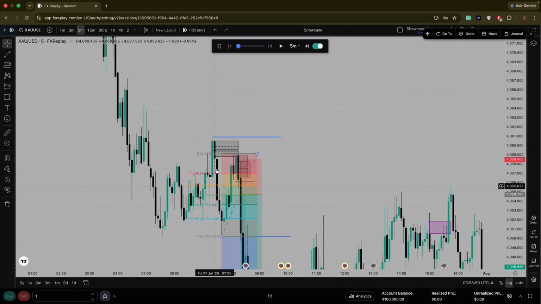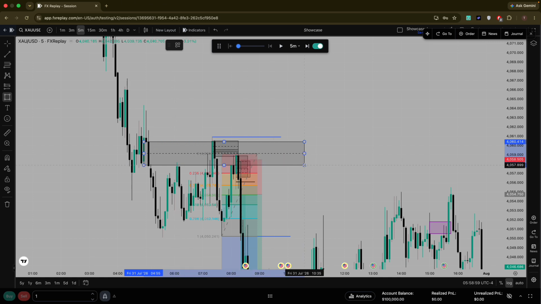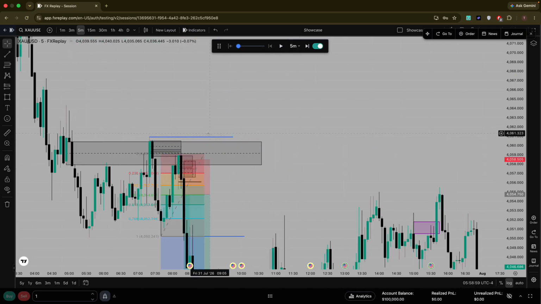We did inverse the 5 minute fair value gap, but we're currently inside of a different 5 minute fair value gap right here, that price tapped the midpoint of, because price could barely close above it and we immediately rejected out of it. So these two candles engulf this large bullish candle.